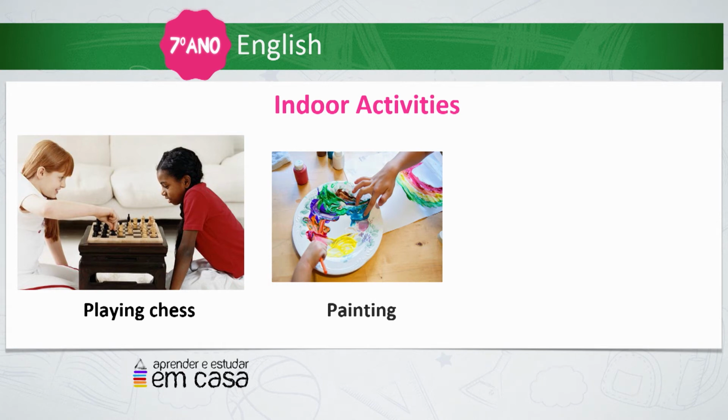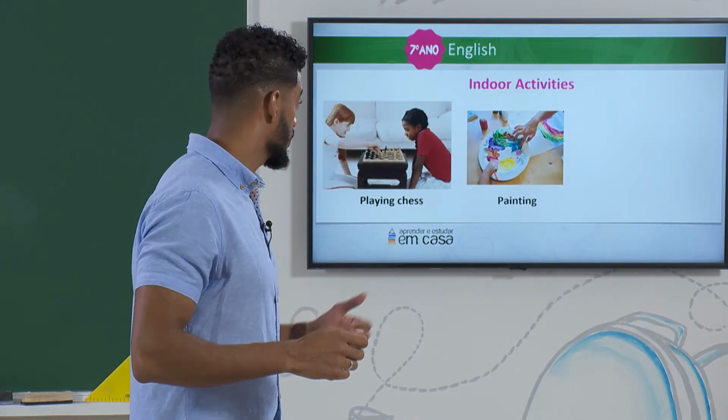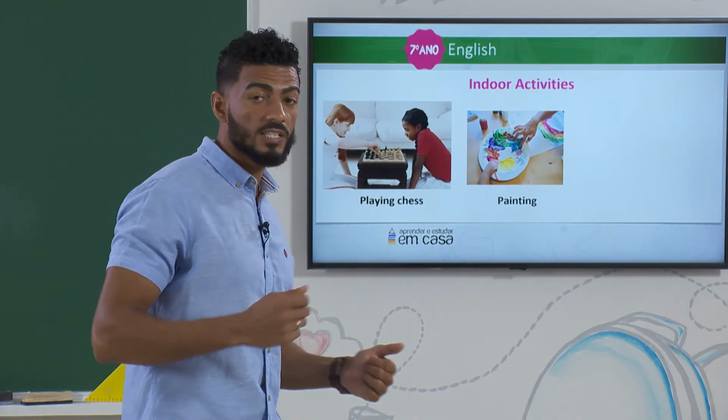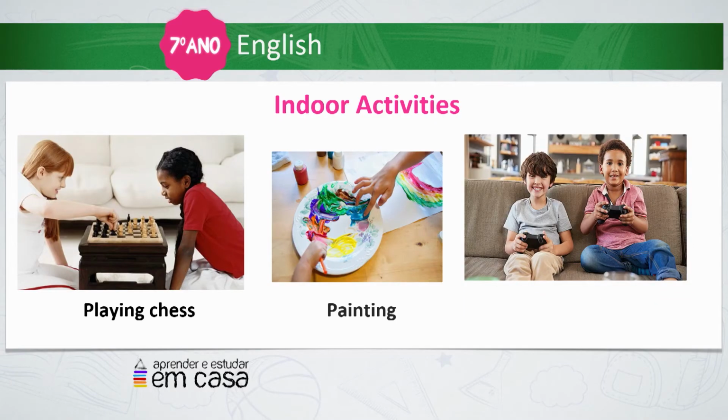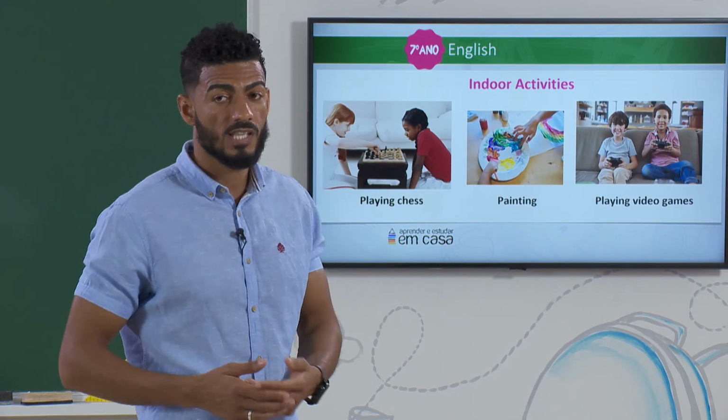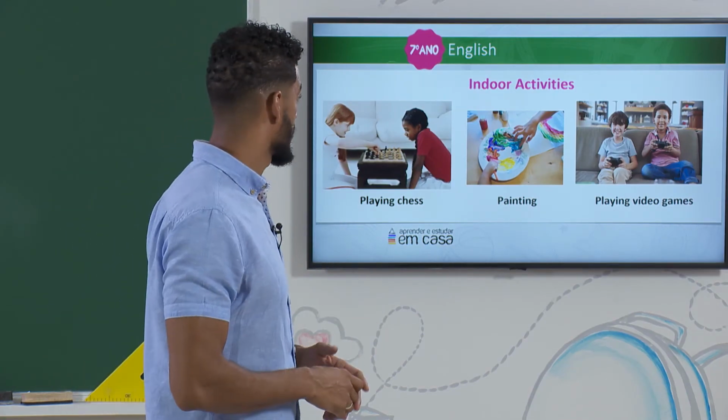So we call it painting. It is another type of indoor activity. The next one, what do we have here? The kiddies are playing video games. You know that we have several types of games.